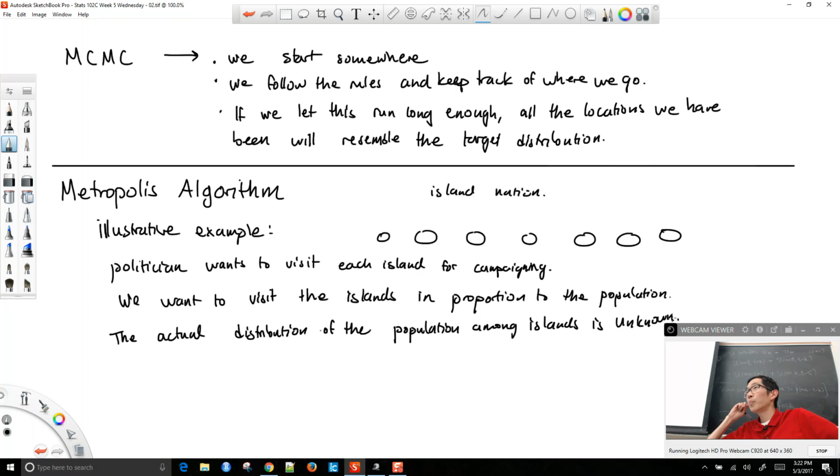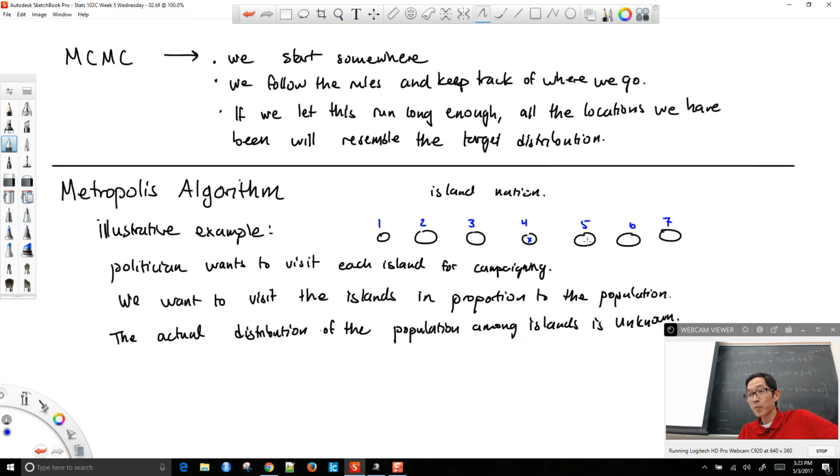Okay, but what we can do is, if we are on a certain island, let's say we label these 1, 2, 3, 4, 5, 6, 7. If we're on this island here, we can call the mayor of the island and get the population of this island.